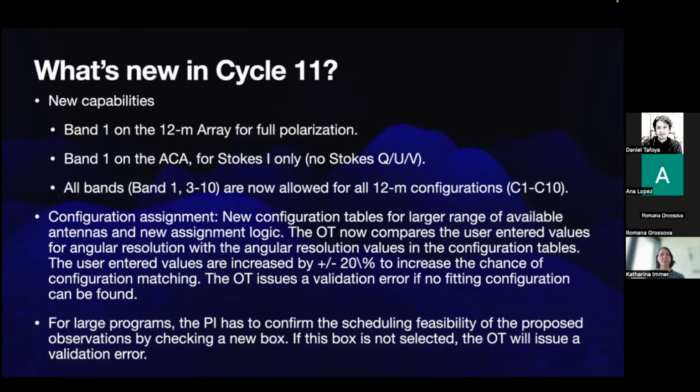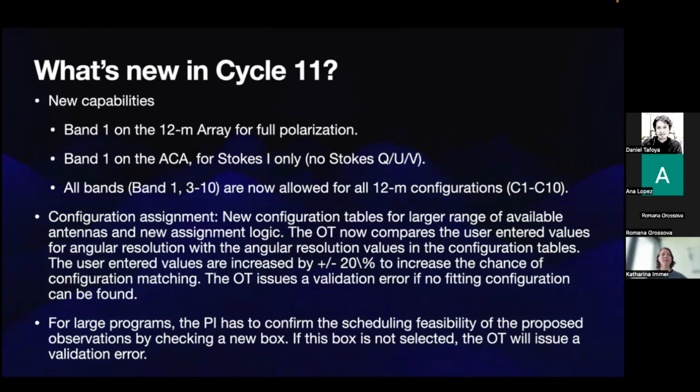A very important point that has changed and that might cause some confusion is that the configuration assignment in the OT has changed. Now we're basing the assignment of the configuration on new tables that take into account a larger range of available antennas. Which means that the OT and the scheduling subsystem are better aligned.